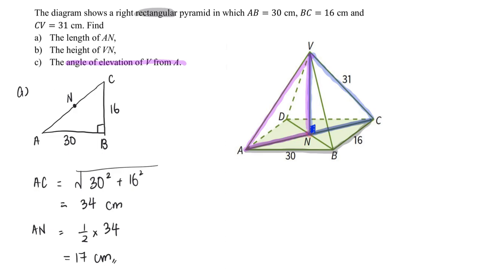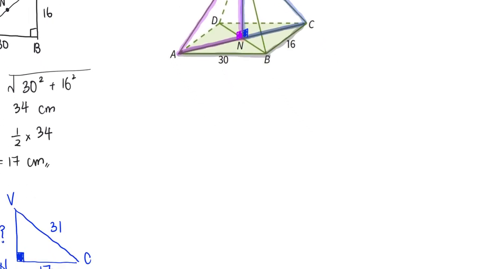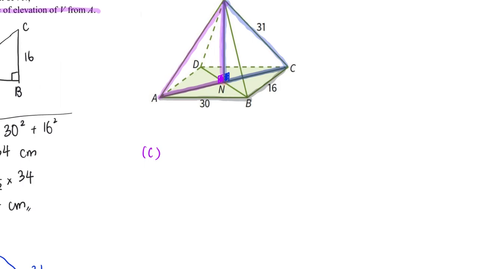And one thing that caught Mr. Tan's eye is, I hope you can see that this is a right angle triangle, and therefore Mr. Tan will draw out this triangle in 2D. And I got 17, I got square root 672, and the angle of elevation we are talking about is angle VAN.